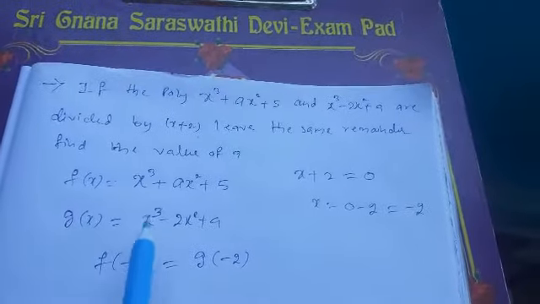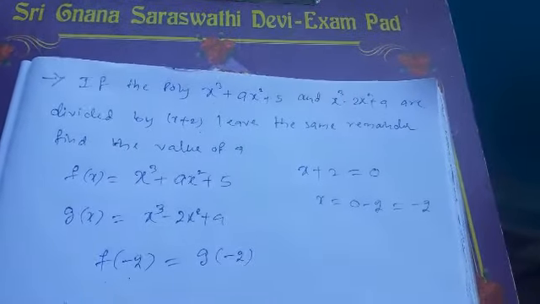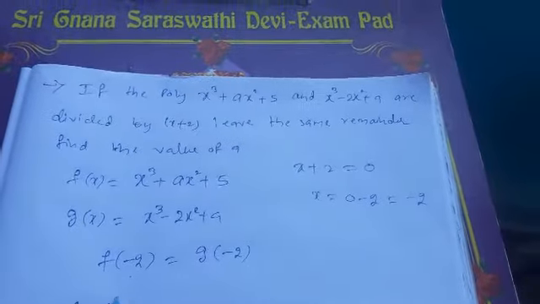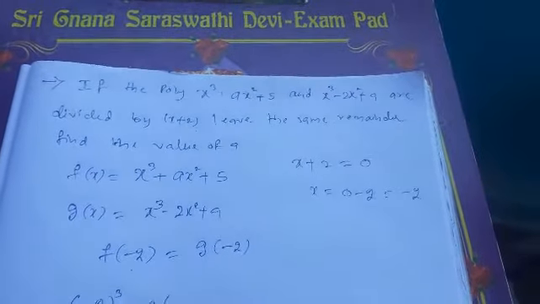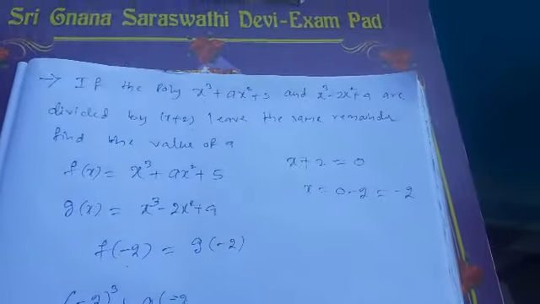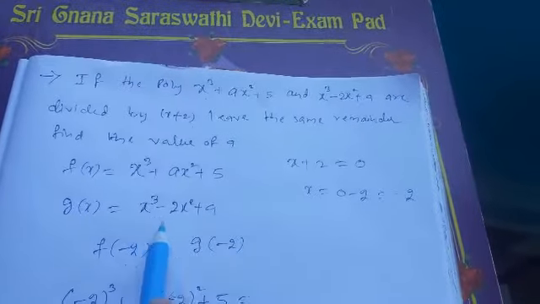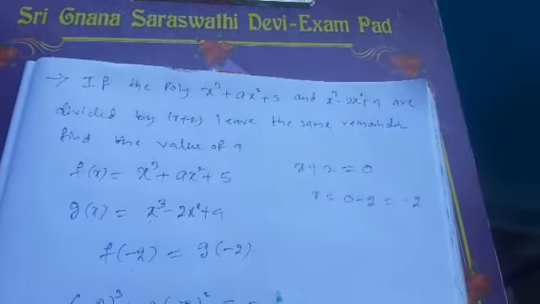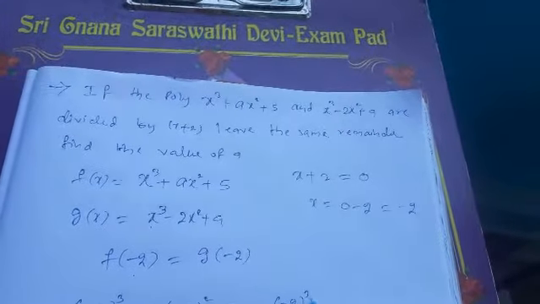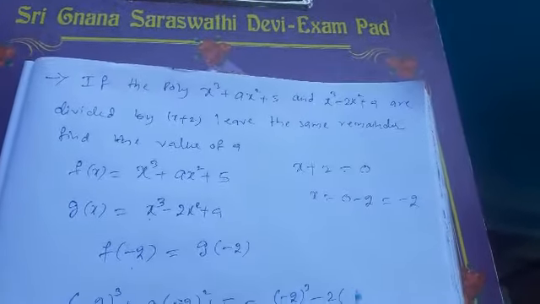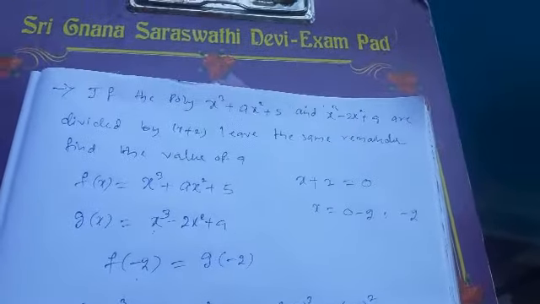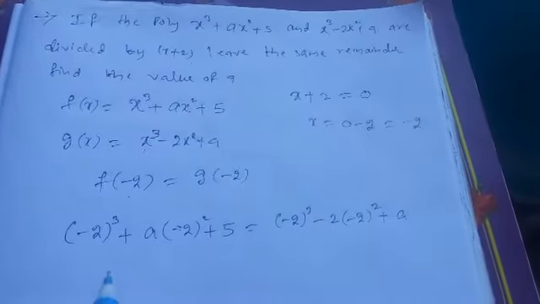What is f of minus 2? Substitute x equal to minus 2. That is minus 2 whole cube plus a into minus 2 whole square plus 5. g of minus 2: replace x by minus 2. That is minus 2 whole cube minus 2 into minus 2 whole square plus a. Now let us find the a value.